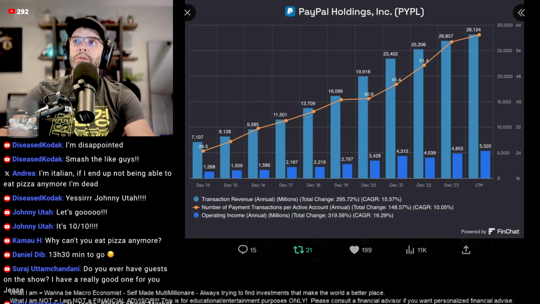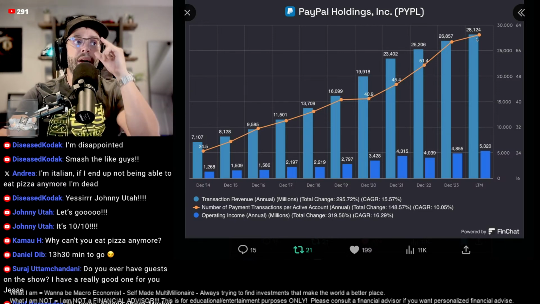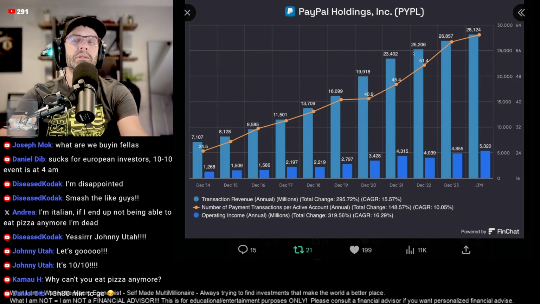Okay, so here, when they had 13.8 billion in revenue and 2.2 billion in net income for the year, or operating income. And over here now we're over twice that. So we've more than doubled that, and the price is back at that level.